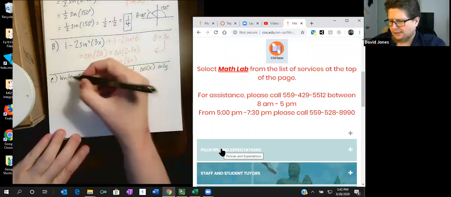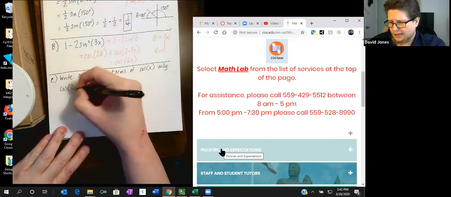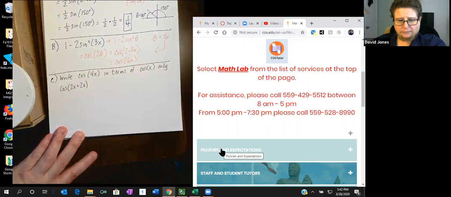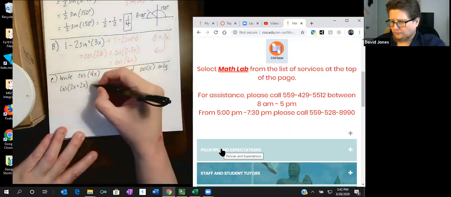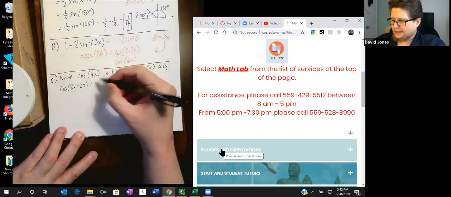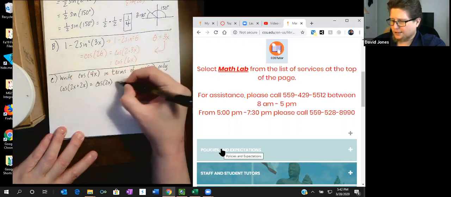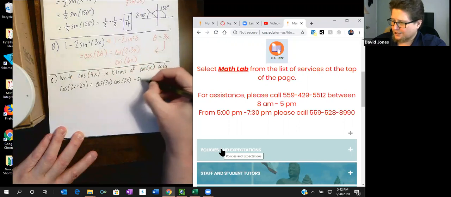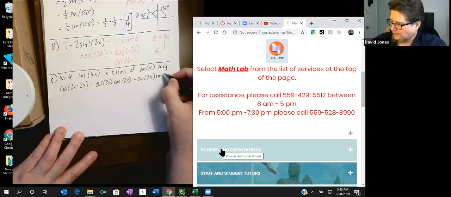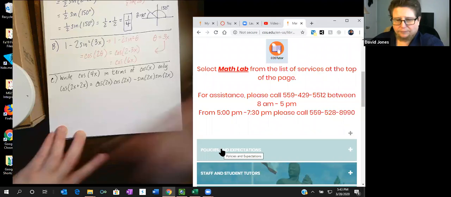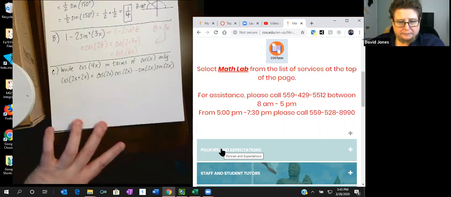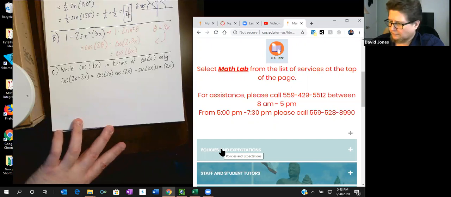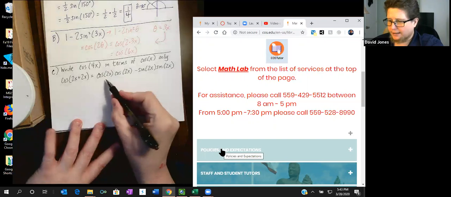One thing we could do, I could say this is 2x plus 2x. Which means cosine 2x cosine 2x minus sine 2x sine 2x. And what is each one of these?